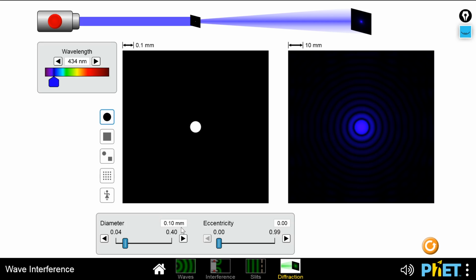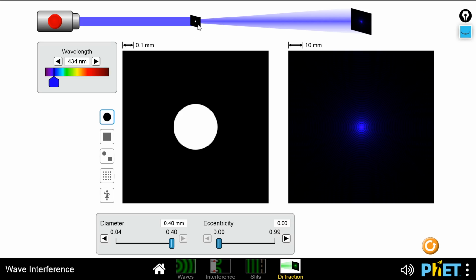The opening is on the order of a fraction of a nanometer, and the eccentricity we'll get to in a minute here. So that's the size of the opening, but it really is quite small if you look here compared to the wavelength of light.